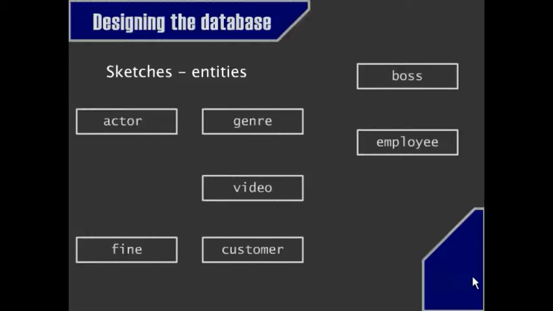Some of them translated directly into tables that are eventually used in the resultant database. Some of them, however, as we'll see in a moment, changed through the process of thinking about how the different entities relate to each other and the most logical way to structure the data.